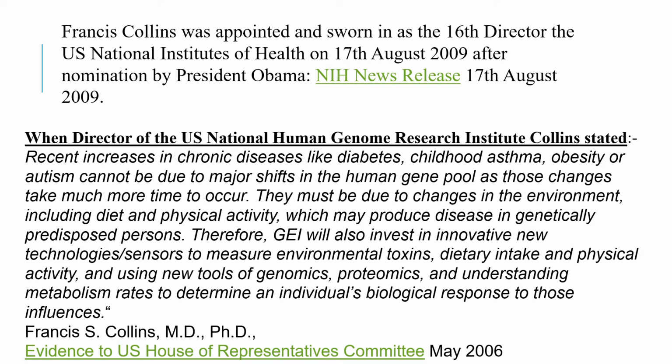Therefore, GEI, the institute that he's working for, will also invest in innovative new technologies and sensors. By that, I believe he's talking about biomarkers to measure environmental toxins, dietary intake, physical activity, and using new tools of genomics, proteomics, and understanding metabolism rates to determine an individual's biological response to those influences.